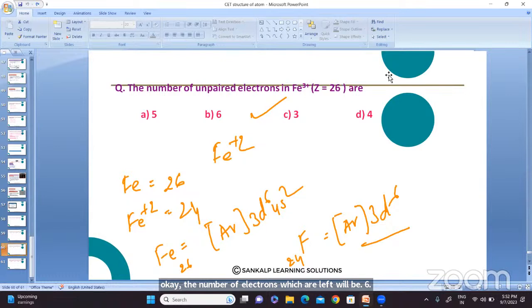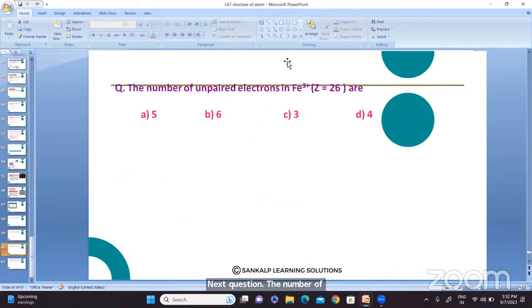Next question. The number of unpaired electrons in Fe3+, where Z is equal to 26, are: A 5, B 6, C 3, and D 4.